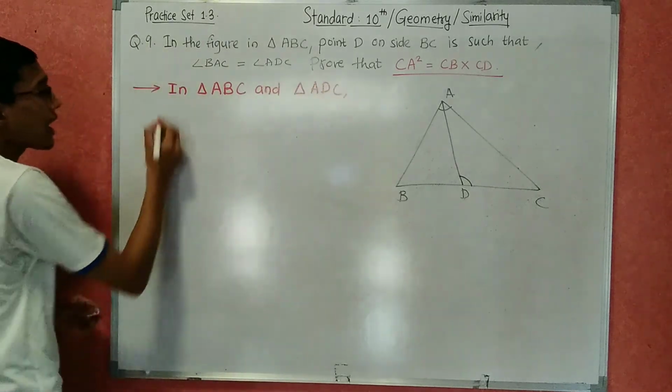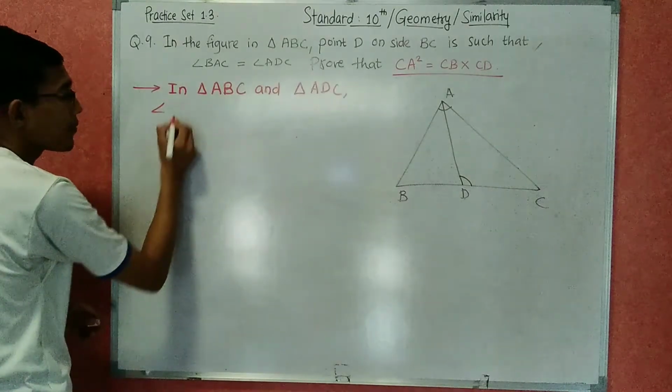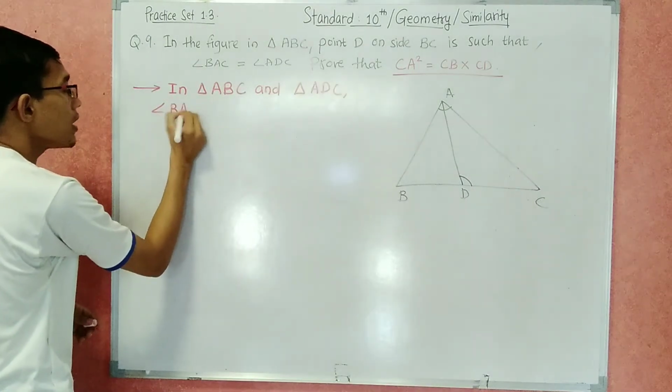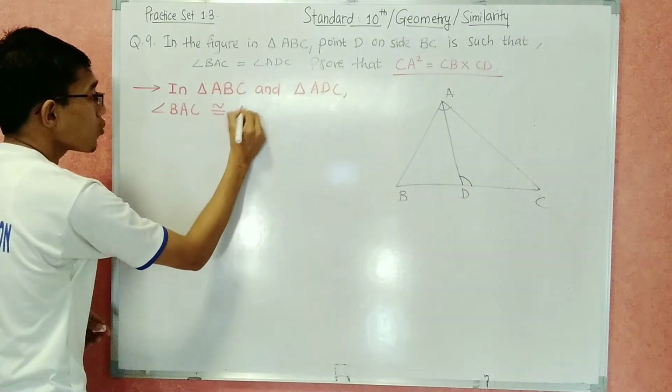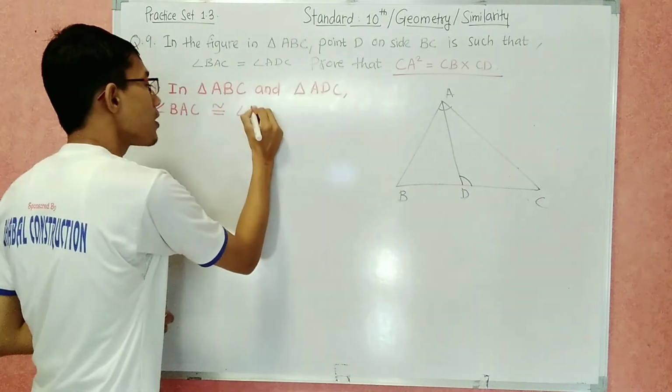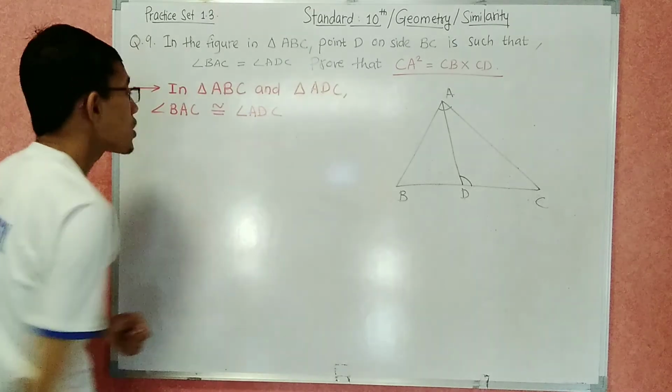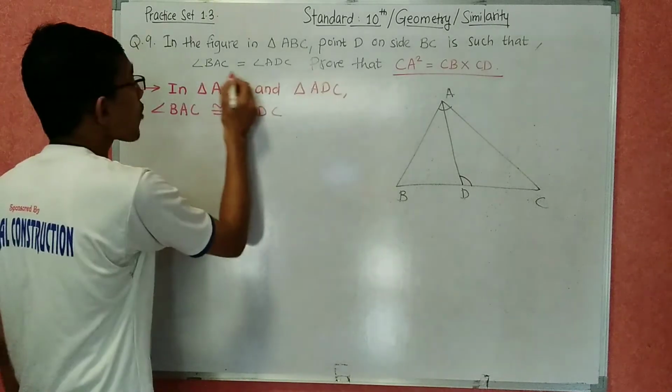Okay, what I can write now, that angle BAC is congruent to angle ADC. Both are congruent to each other and we get this data from the given.